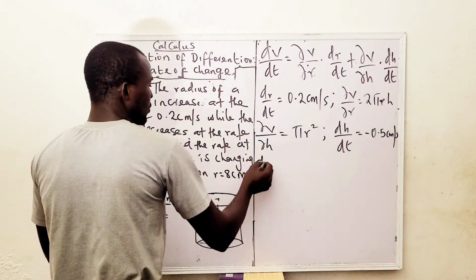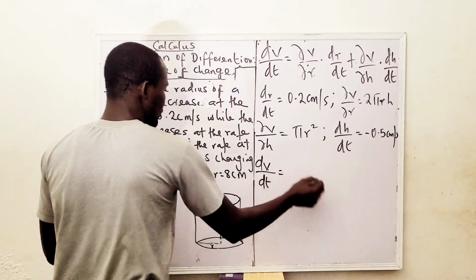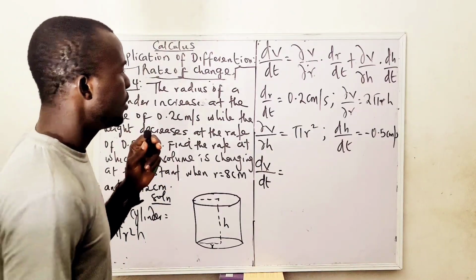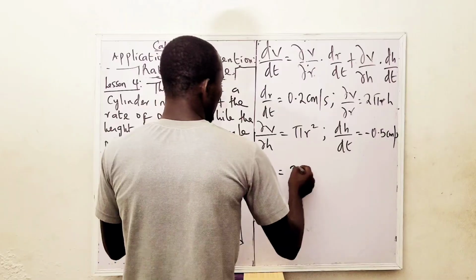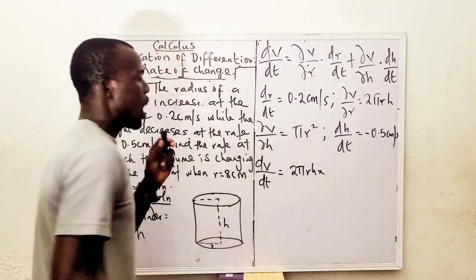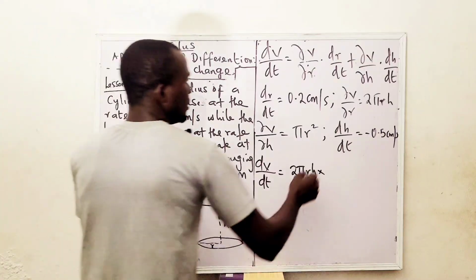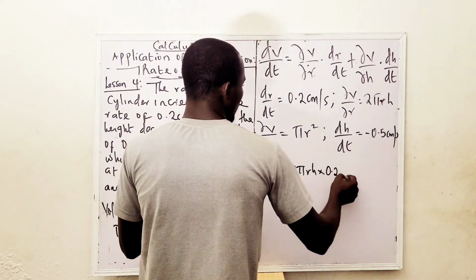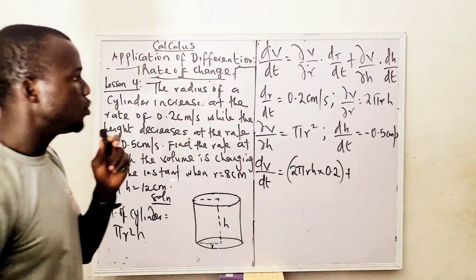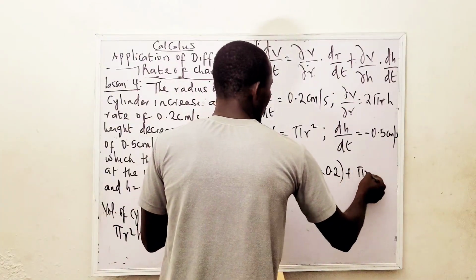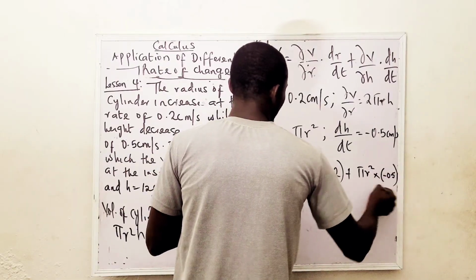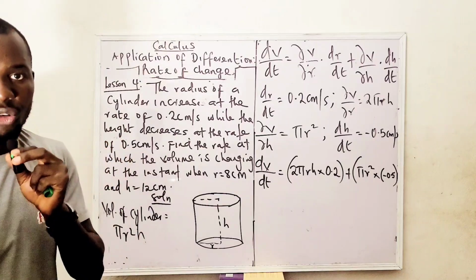So our dV over dt equals 2 pi rh times our dr over dt, which is 0.2, in bracket, plus pi r squared times negative 0.5. That is what we are going to have.